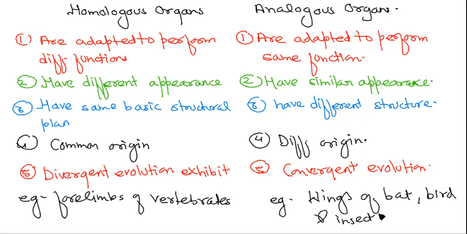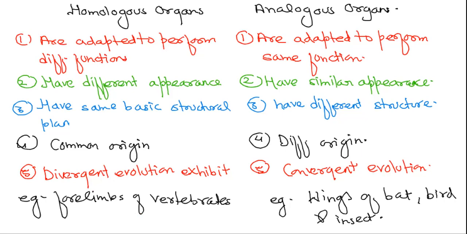All are meant to fly. Fins of fish, reptiles, whales, all are meant to swim. That's why these are analogous. Analogous have different structure but same function, while homologous have same structure but different functions, as the limbs.